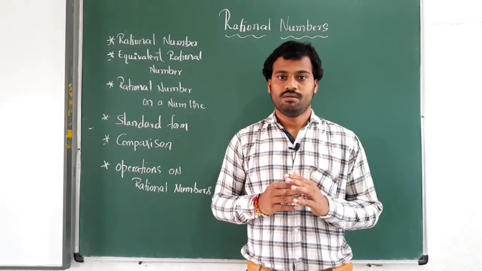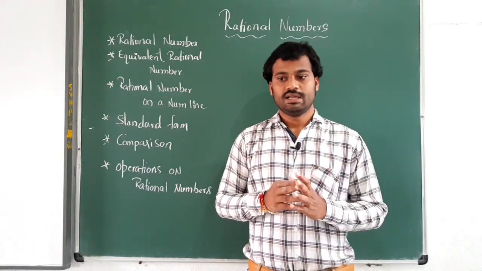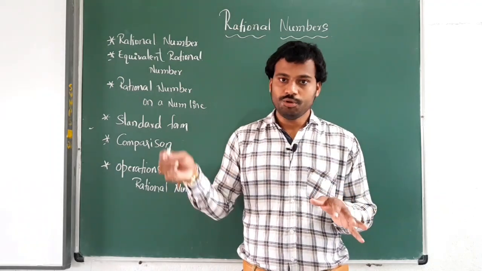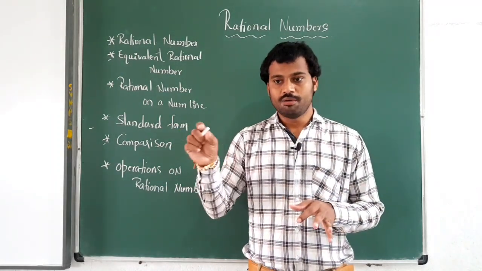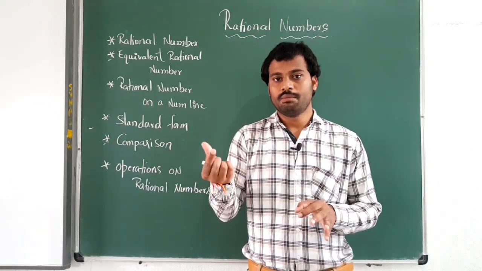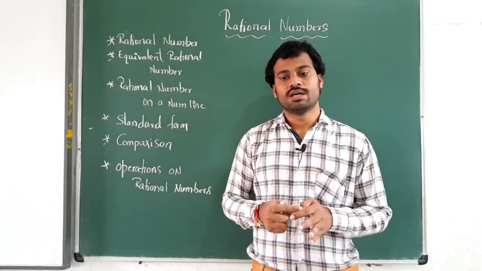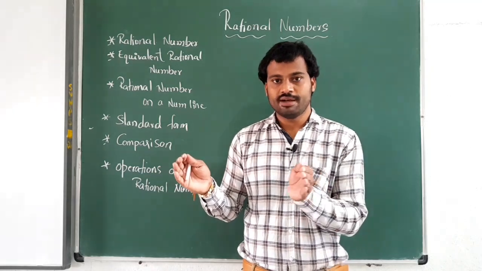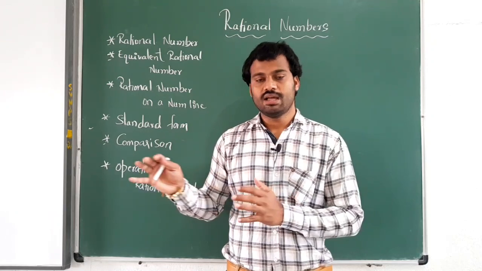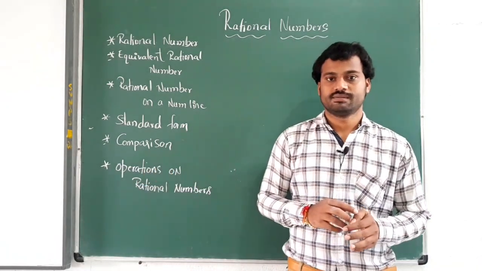Whole number, what is the need of the whole number? If something is absent and you want to mention that absent thing, that's why we need the number 0. So to the natural numbers we added one more number, 0. That is another set, whole numbers.